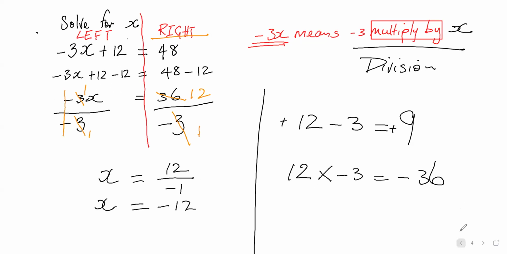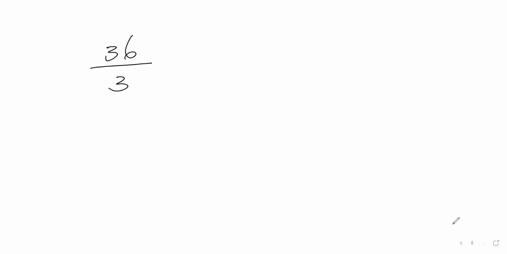People, I have to show you this on a new slide. So if I have 36 divided by -3, or if I had 36 multiplied by -3.